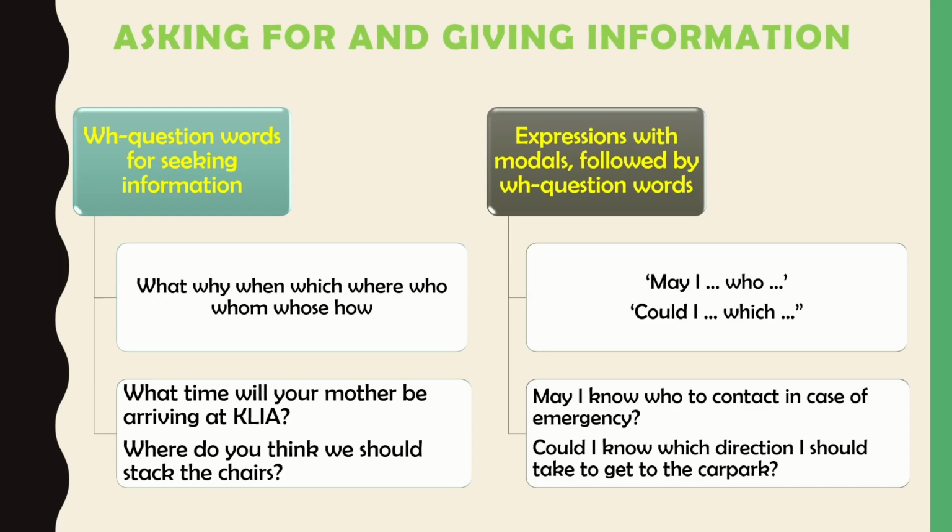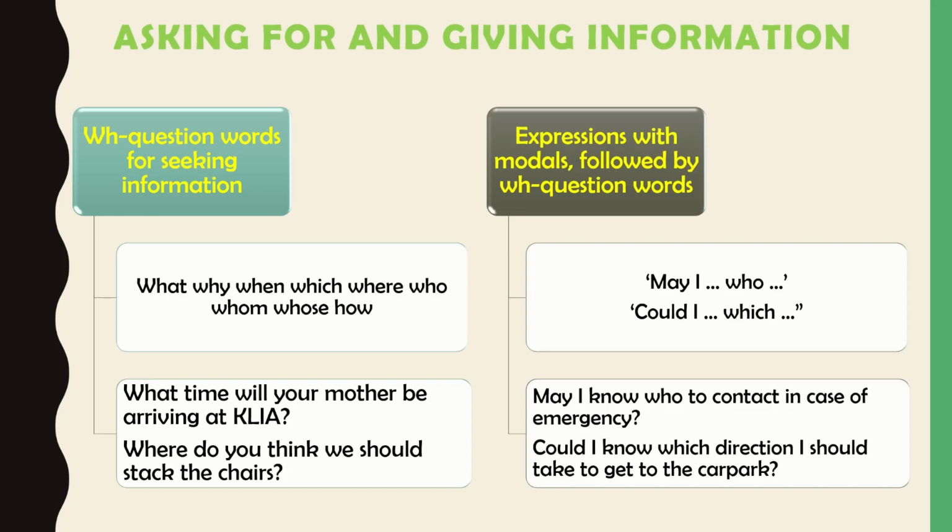Whenever you want to ask about a particular thing, please make sure that you know which question word to use to get the information. If you want to ask about a person, you use who, whose, or whom. If you want to ask about the method, you use how. When you want to ask about the time, you ask when. And for location, you ask where.